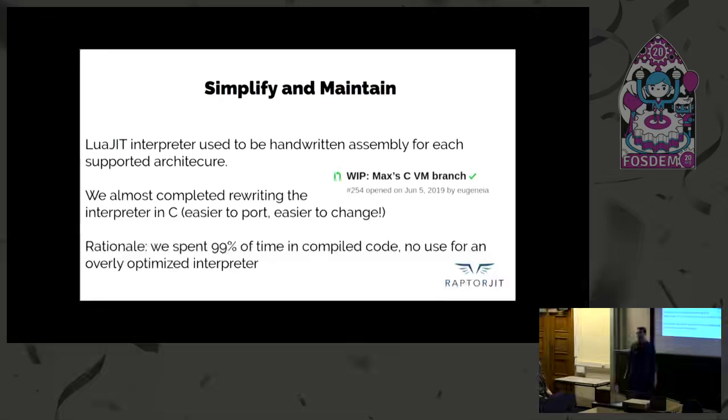For our use cases, high-performance networking, spending any significant time in interpreted code is out of the question anyway, because that would be way too slow. So for us, an interpreter that's fast doesn't really do anything. We don't need an interpreter that's heavily optimized. So our idea is that we're going to make it easier to maintain, and we're going to skip the optimizations that we don't benefit from. And instead, we want to make it easier for your code to stay compiled and not fall back into the interpreter.